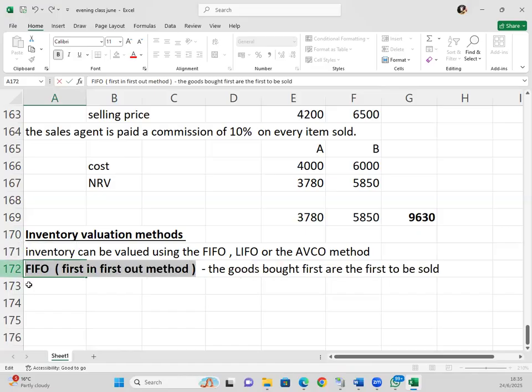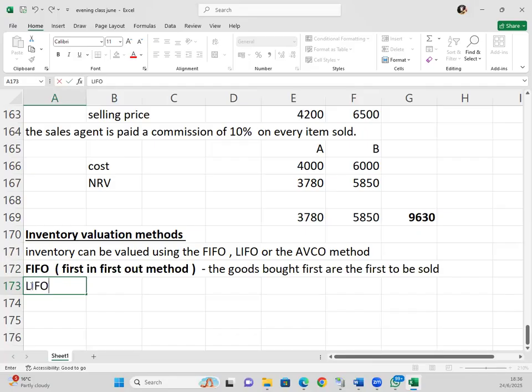I think this is more practical. In most organizations, when you buy, you start by selling what you bought first. Let's think of you selling bread. You can't start selling what you ordered today before you clear yesterday's batch. So you start by clearing the goods that came in first. That is if you're using the FIFO method.